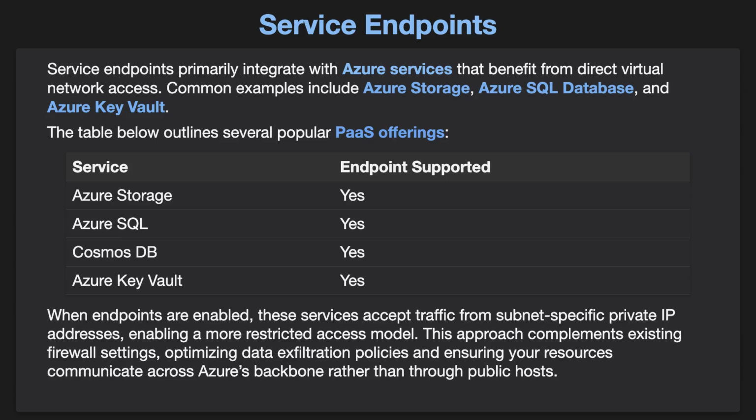Azure Key Vault, yes. When endpoints are enabled, these services accept traffic from subnet-specific private IP addresses, enabling a more restricted access model. This approach complements existing firewall settings, optimizing data exfiltration policies and ensuring your resources communicate across Azure's backbone rather than through public hosts.